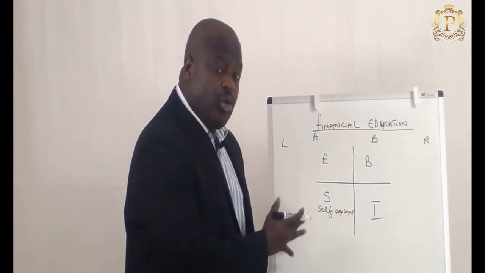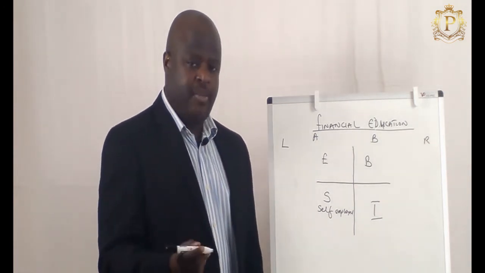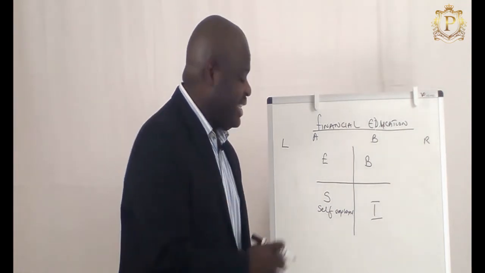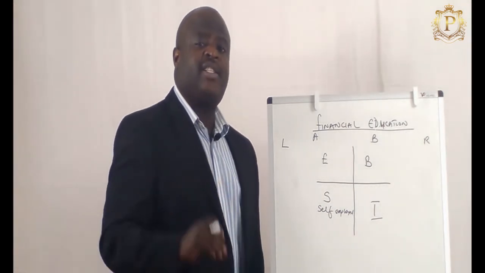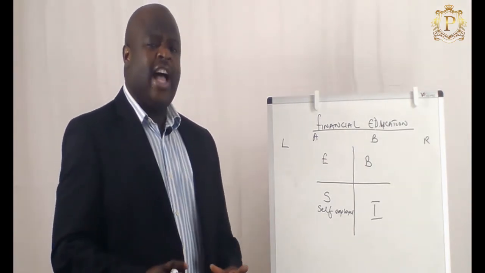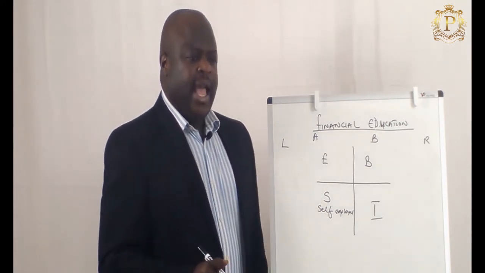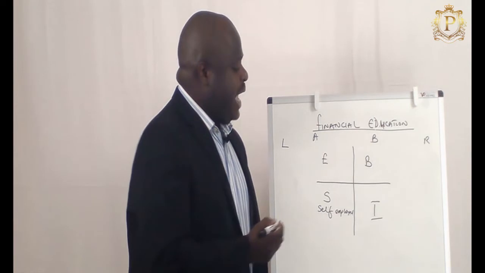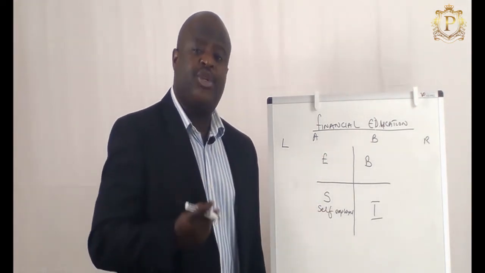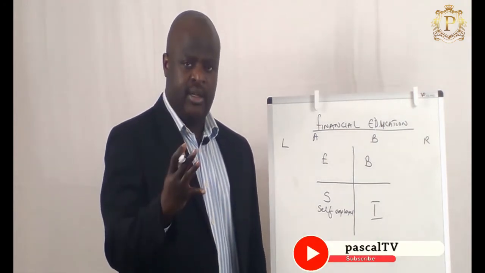But there is also a downside to this part as well. Because most self-employed people, once they stop working, it means that the business has stopped generating money or income. So, what has been explained to us, okay, is that having an understanding of this left side of the quadrant gives you an opportunity to think further, okay?